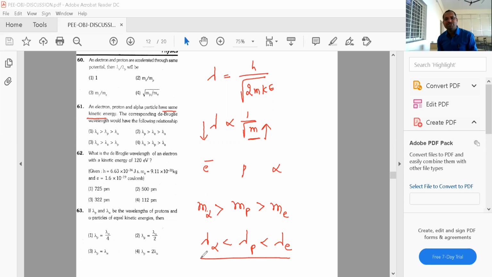Yes, this should be the relation. Are you understanding? Because it is inversely proportional. So where is this option? Option 1. Wavelength of electron is greater than wavelength of proton, which is greater than wavelength of alpha particle. Yes, option 1 is the right answer. Remaining all are wrong. Got it, students?